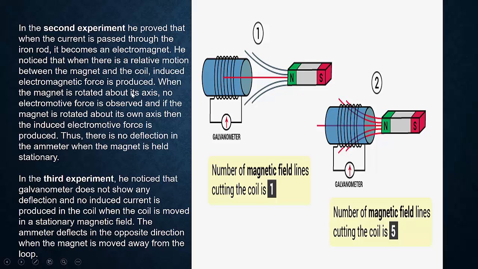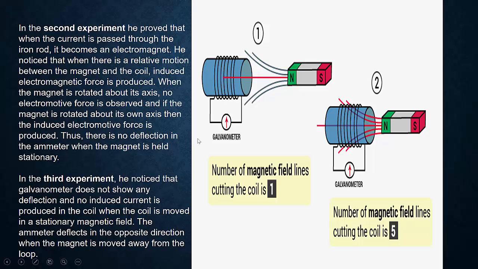When the magnet is rotated about its axis, no electromotive force is observed.